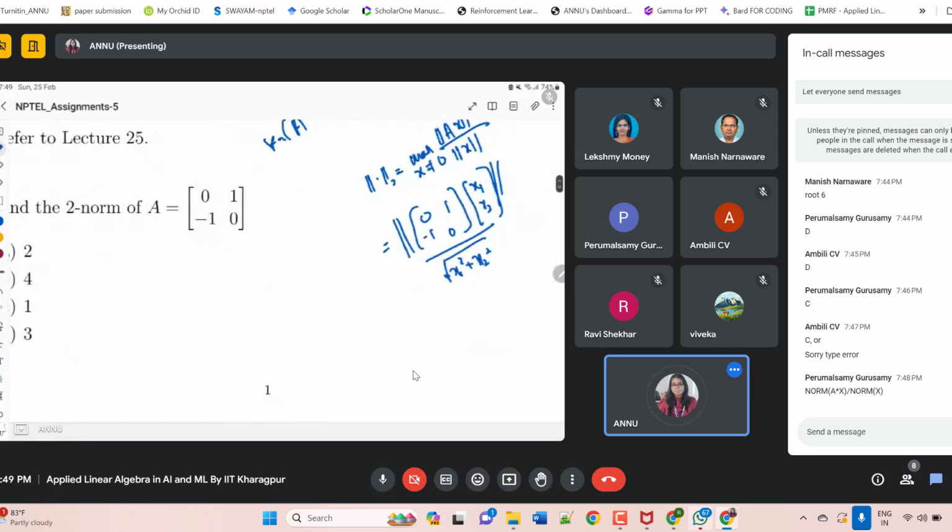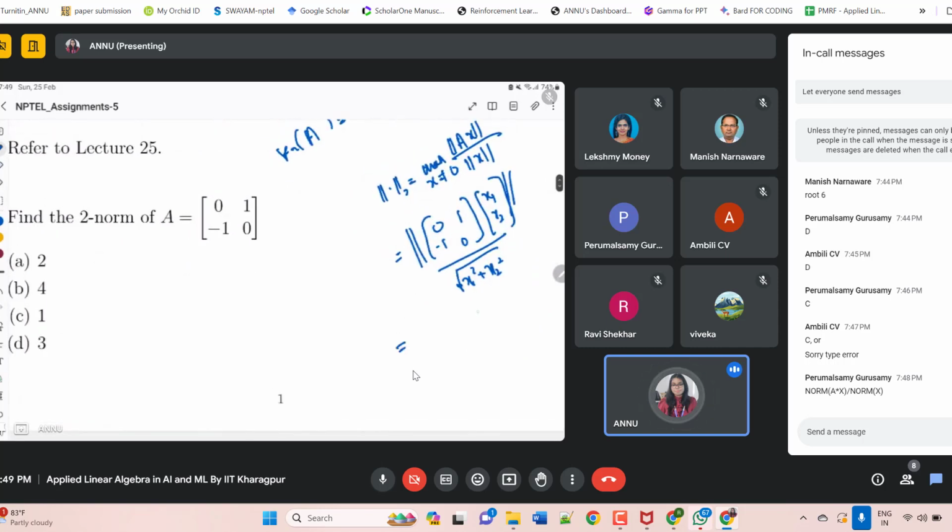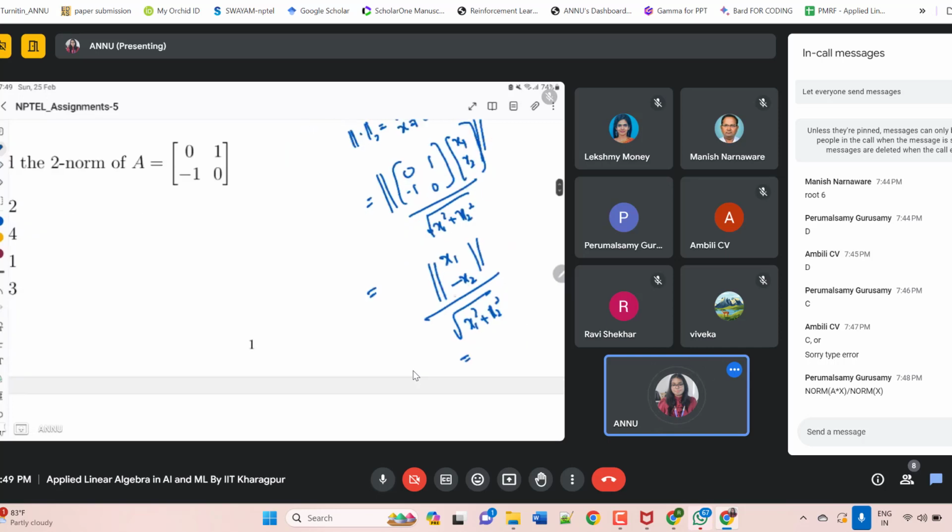So this is x1 minus x2 square plus x2 square, which is x1 square plus x2 square over x1 square plus x2 square. I hope this is clear. This is 1. Using induced norm only we have to calculate.